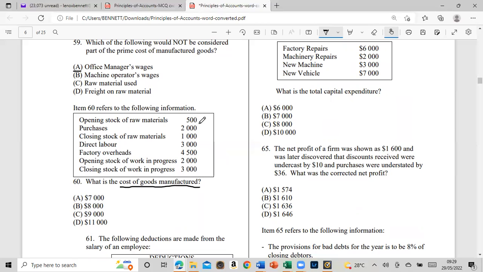So our opening stock, let's put in the ones that should go together. Purchases, stock, factory overhead, and our purchases. All right, so we're going to total these.